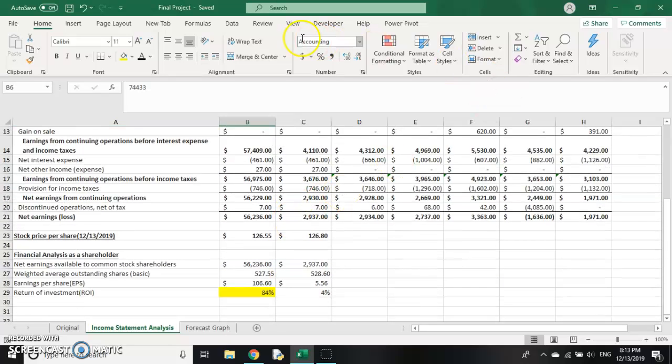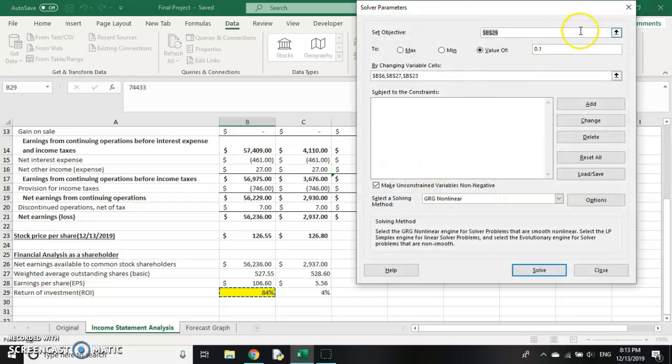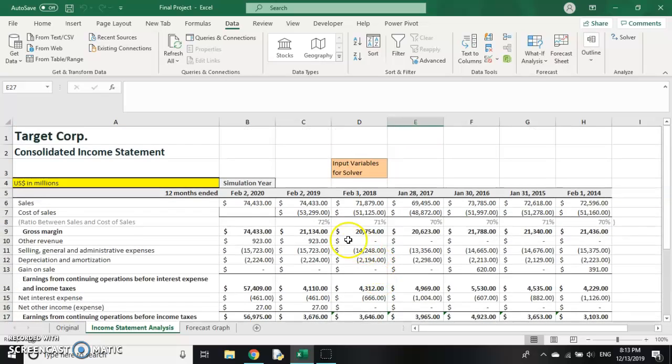So first I go to Solver. This is the Solver I set up. Oh, sorry, I forgot one thing. Since cost of sales is a dependent variable, I want to find out the relationship between sales and cost of sales. From past experience, I found that there is approximately a 70% ratio between sales and cost of sales.